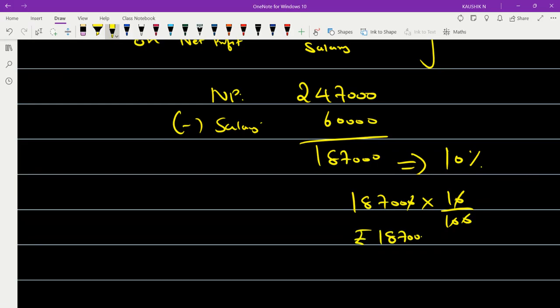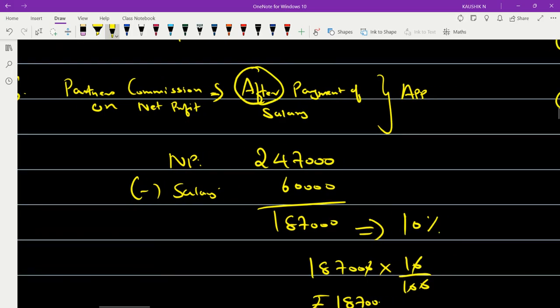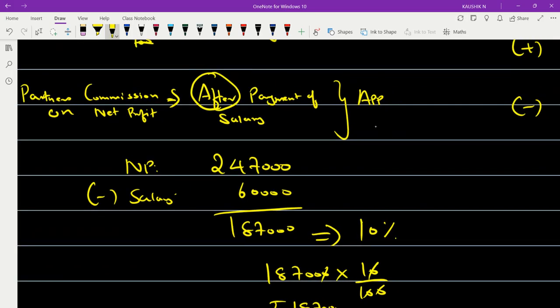Many students go wrong by finding the word "after" and applying the formula: net profit into rate by 100 plus rate.